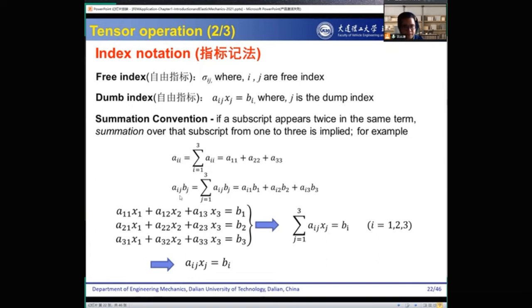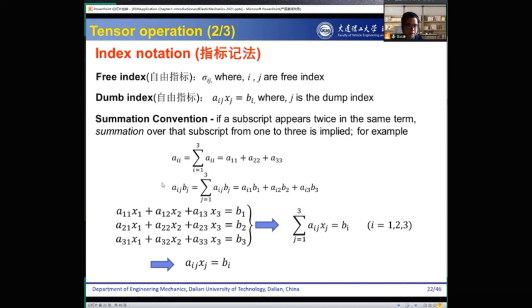And the second example, a_ij b_j. Here the index j appeared twice in this term, so we should do the summation over j for this term, j from 1 to 3. We keep i the same, which means it equals a_i1 b_1 plus a_i2 b_2 plus a_i3 b_3. So we do the summation over the dummy index j from 1 to 3.